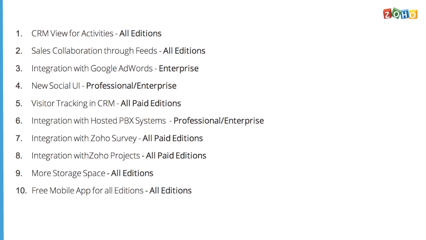They also include visitor tracking in your CRM, and integration with Zoho Survey and Zoho Projects. And then the Enterprise and Professional editions include all the features I just mentioned so far, plus integration with Google AdWords, integration with Hosted PBX phone systems, and the new social UI that's coming out soon.